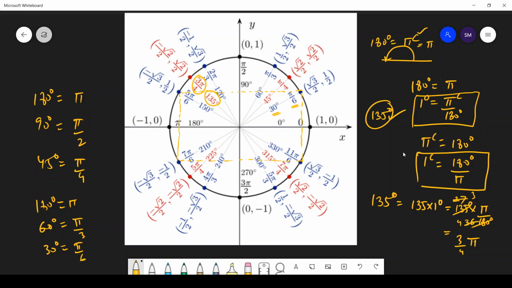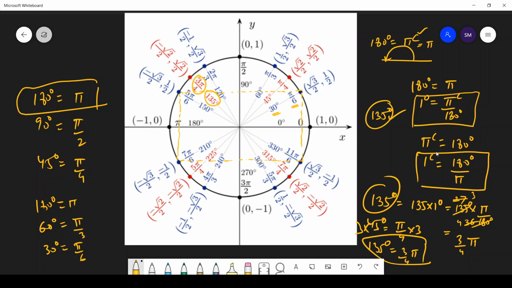This way you can write the values. 135 is a multiple of 45 degree, and 45 is pi by 4. So multiplying by 3 this side and by 3 this side also, 135 degree is equal to 3 by 4 pi. So students, in any way you can change degree to radian. It's just common sense, and you can use any of these ways.